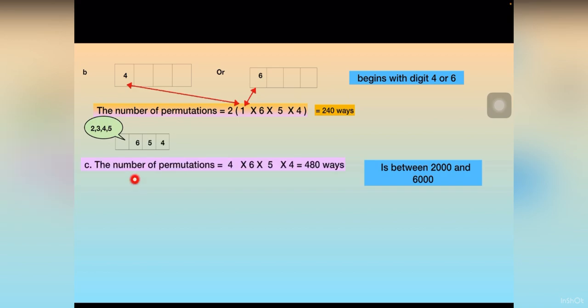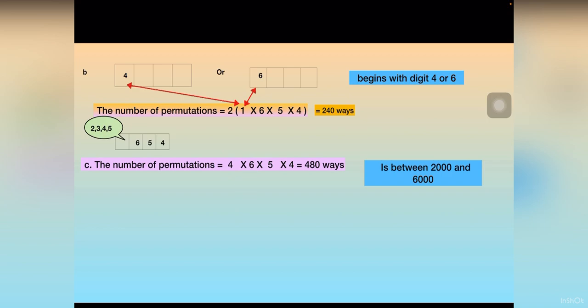So the number of permutations is 4 times 6 times 5 times 4. The 4 is for the 2, 3, 4, 5. 6 here because originally we have 7 numbers, so 1 is already taken and what is left behind is 6.